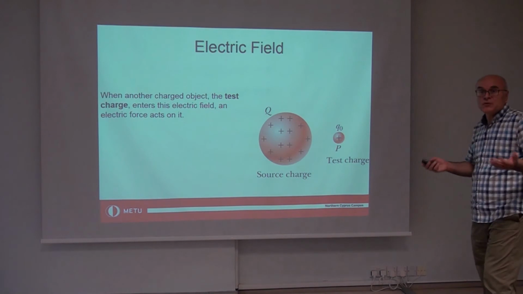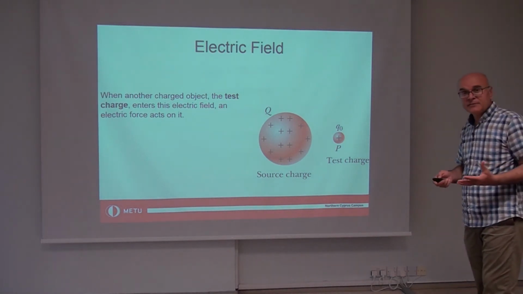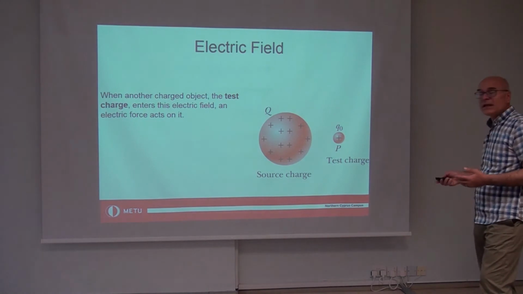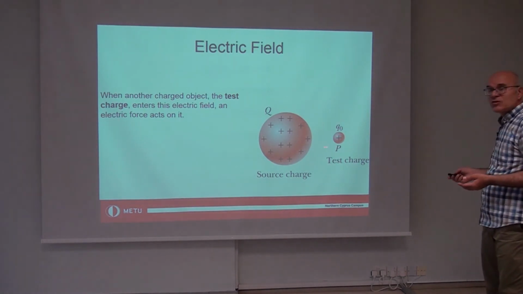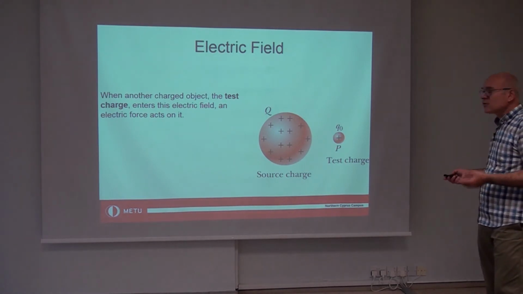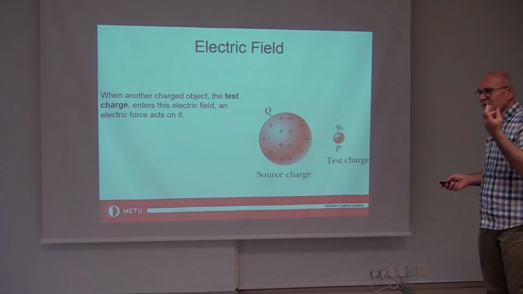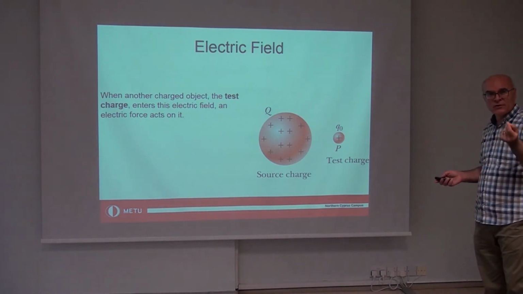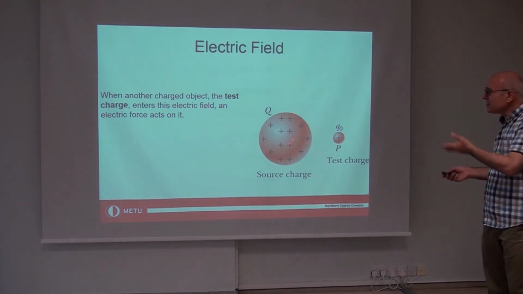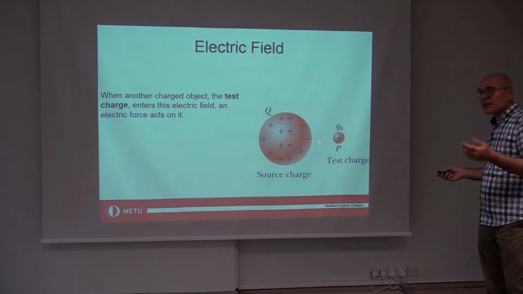Now, how do you know that there is an electric field there? Well, to test that electric field, you need to bring in a tester. What is that tester? We call it a test charge. A test charge is a theoretical idea, and usually it's a small charge, small so that it doesn't disturb the source charge. That's the only requirement.